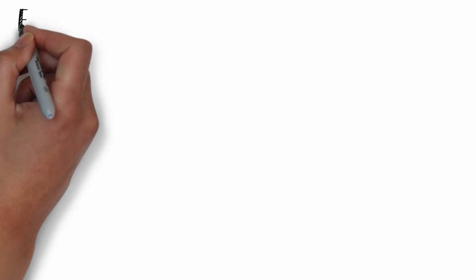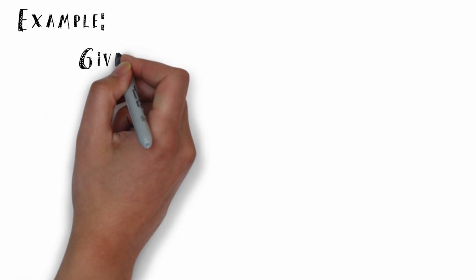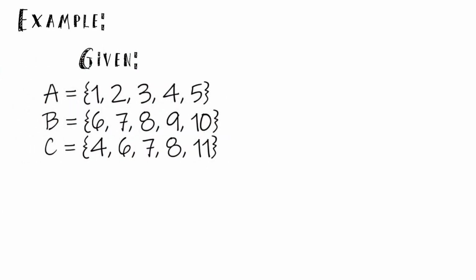Let's have another example. Okay, so we would just simply use the same given that we had earlier on the intersection of sets. So we have set A, B, and C having the elements 1, 2, 3, 4, 5, 6, 7, 8, 9, 10, and 4, 6, 7, 8, and 11.